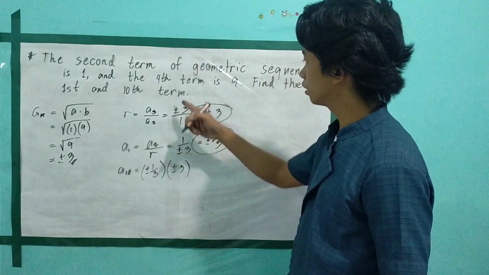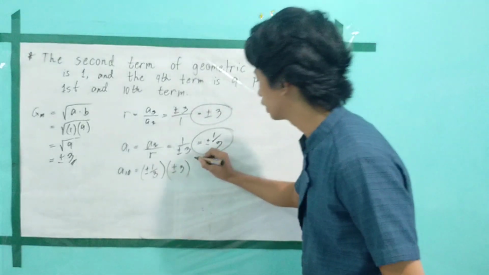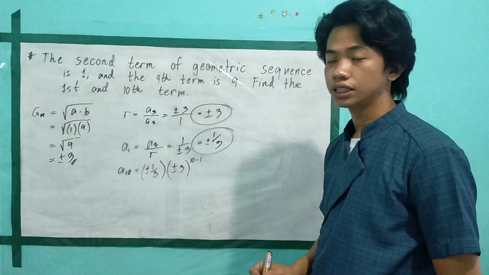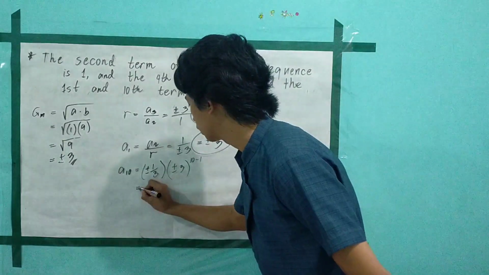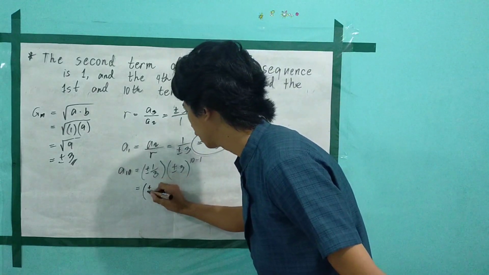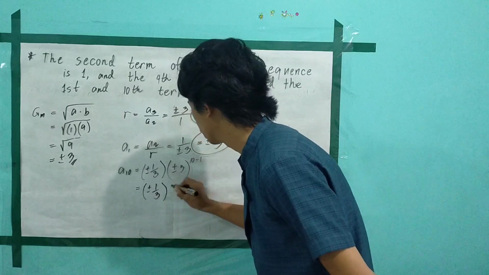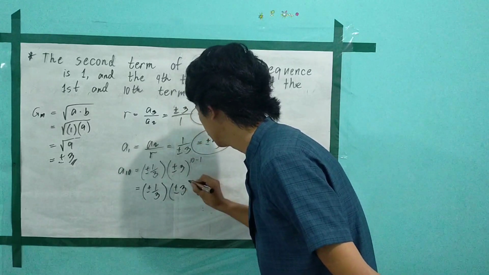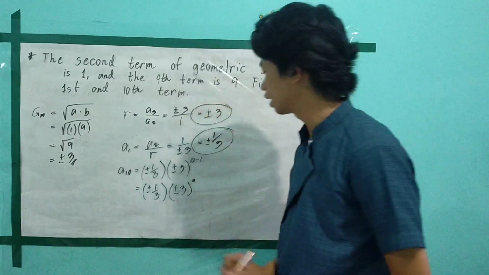Then, 10th term ang hinahanap, so ibig sabihin, 10 less 1. Next, it is equal now to positive and negative 1/3 multiply to positive and negative 3, then raised to 9.